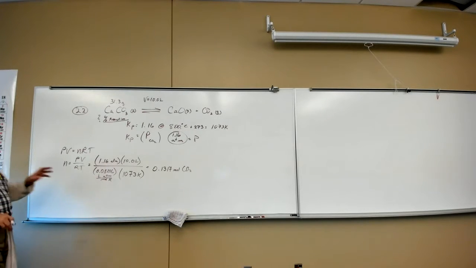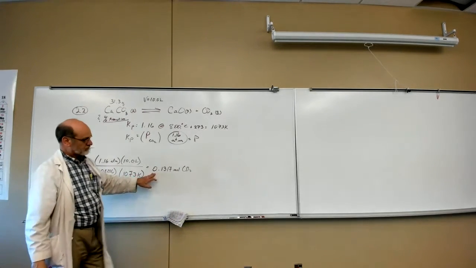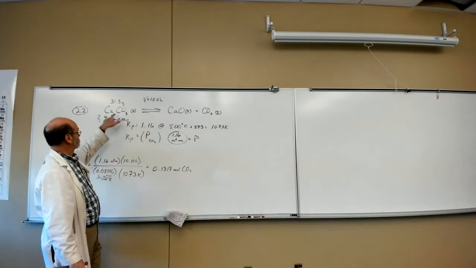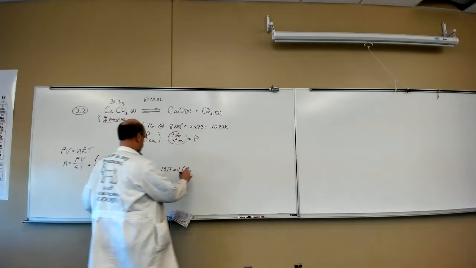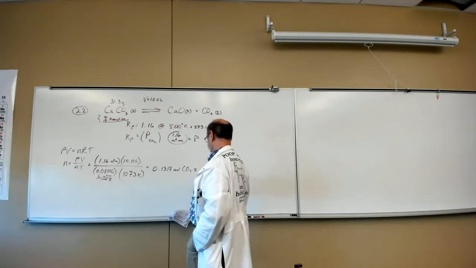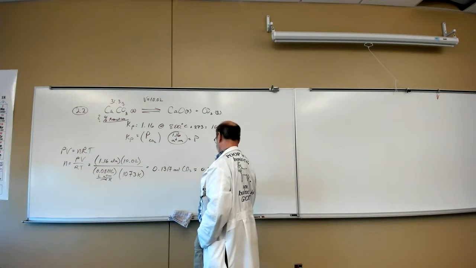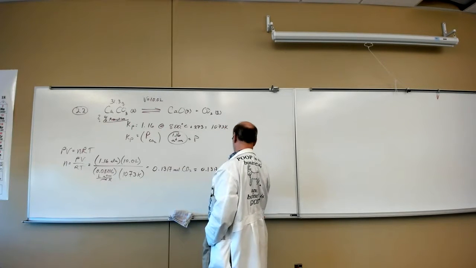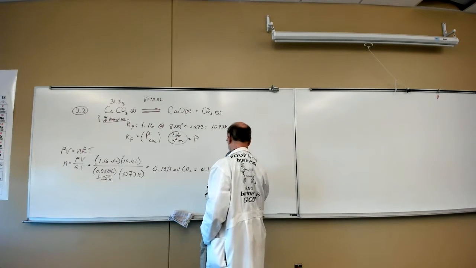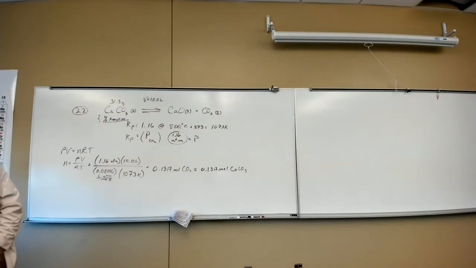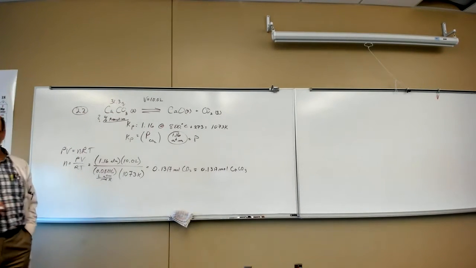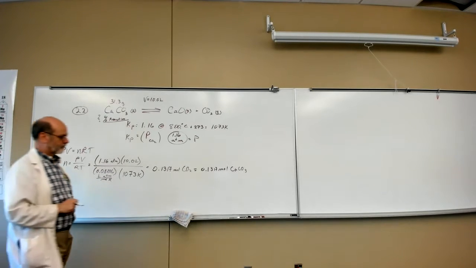Now that we know how many moles of CO2 are produced, and we know the stoichiometry, one of these for each one of those, then that many moles of calcium carbonate were consumed to produce that much CO2. Is it just 1 to 1? Yes, just 1 to 1.